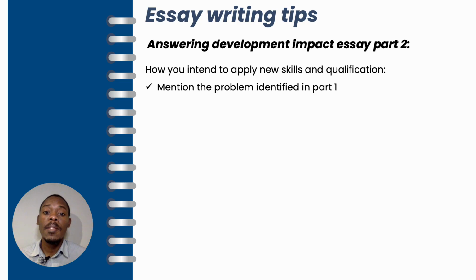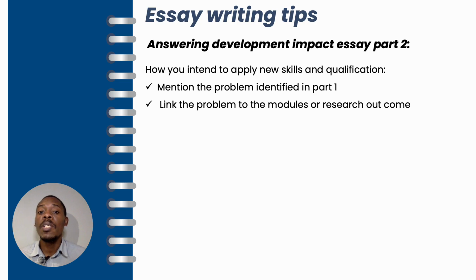Okay, so again, as you are answering this essay, you need to mention the problem that you've identified in part 1. After you've mentioned the problem, you link the problem to the modules of the research. If you are talking about contributing to poverty and you are applying for an agriculture course, you say poverty is high in this country, and because I'm going to study agriculture, I'm going to come up with resilient solutions.